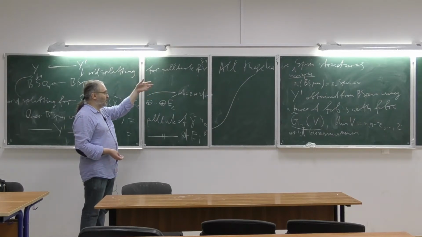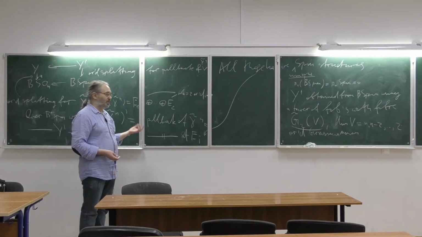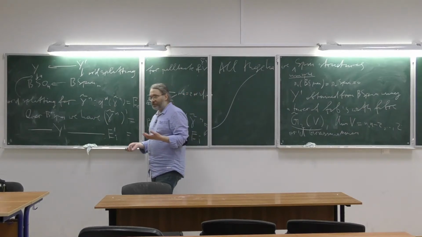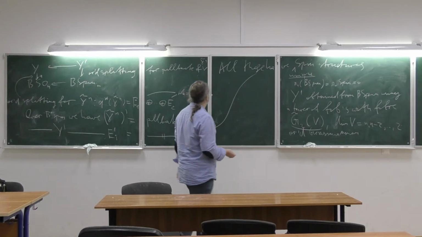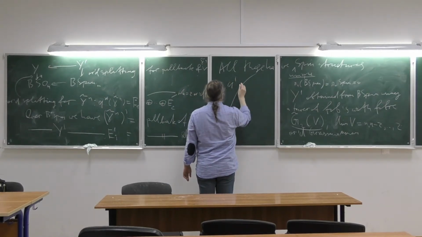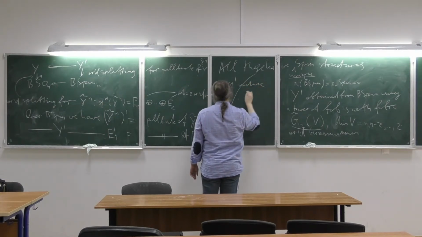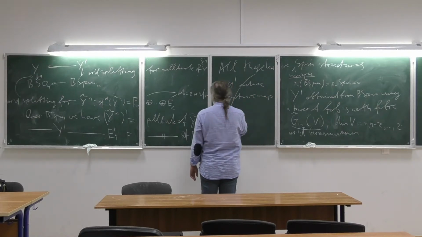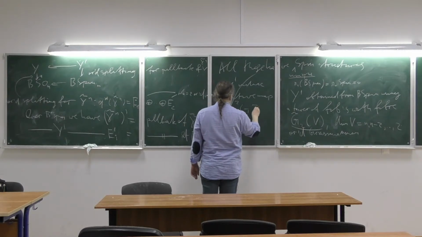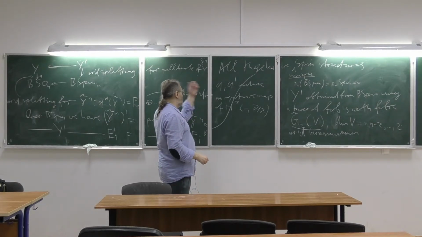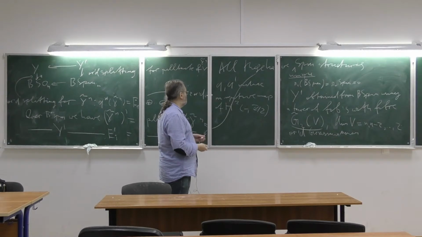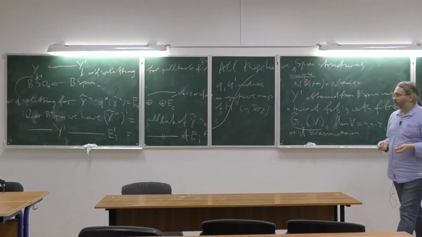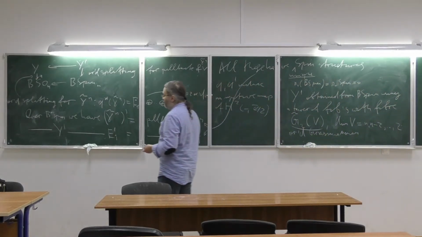The map Q or Q prime do not necessarily induce an injection in the cohomology mod 2, but if we take the second cohomology mod 2, then the map is injective. Again, we use the fact.